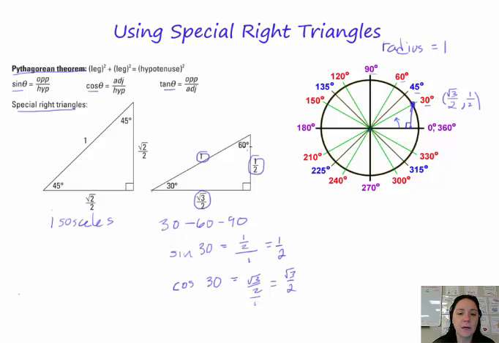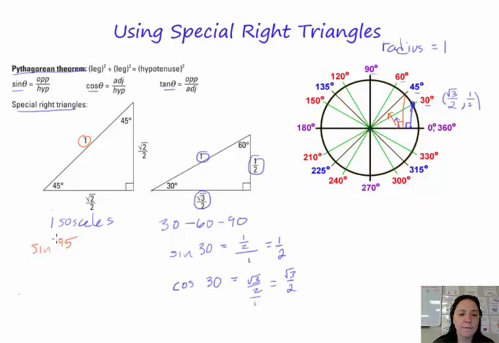If I grab a different color, then I can look also at my 45-degree angle, building the triangle here, and now I'm considering a 45-degree angle. Our radius is still 1, which is the hypotenuse of the isosceles triangle we have here.